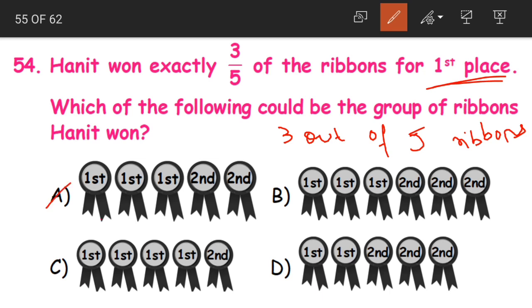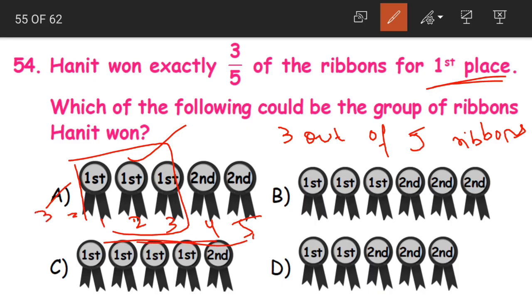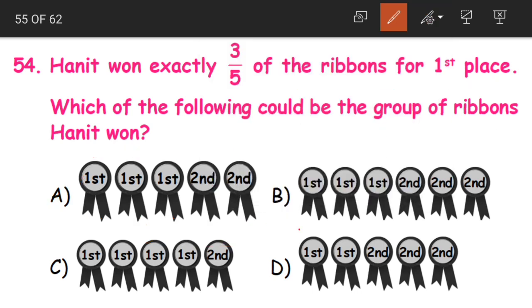Coming to option A, we are having 1, 2, 3, 3 first place ribbons, yes. And is the total number of ribbons 5? Yes, the total number of ribbons is 5. It is representing the fraction 3 by 5. So option A becomes our correct answer. If we look at options B, C and D, even in option B we are having 3 first prize ribbons, but the total number of ribbons here is 6, so it's not correct.